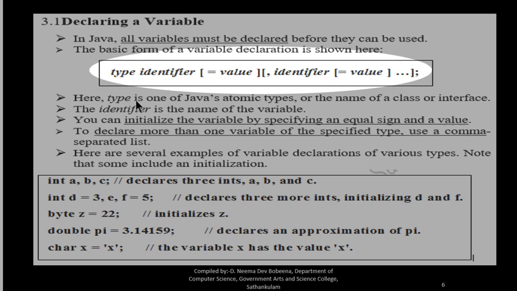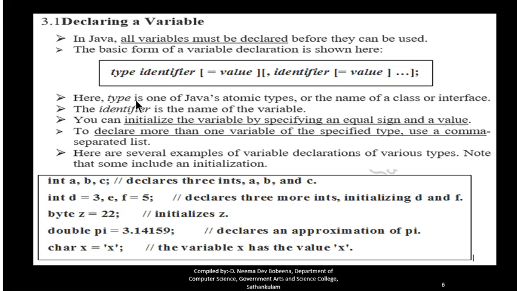Here the type specifies Java's data type. Identifier is the name of the variable, and we can initialize the variable by giving it a value like this. To declare more than one variable, we use a comma followed by that identifier name and value.